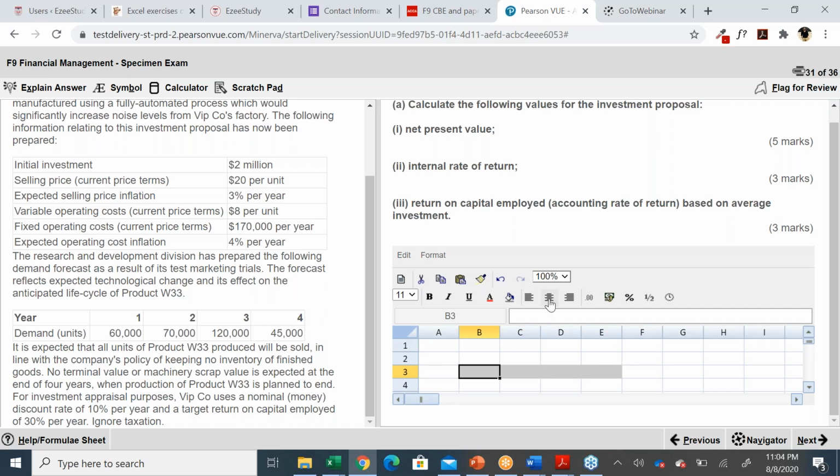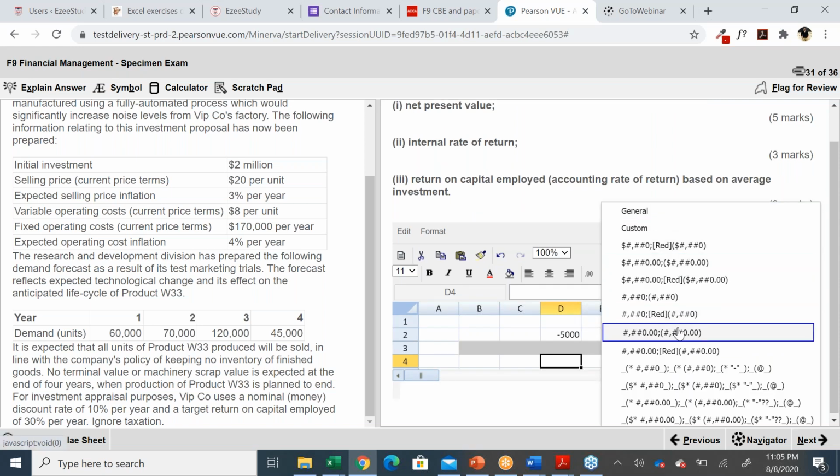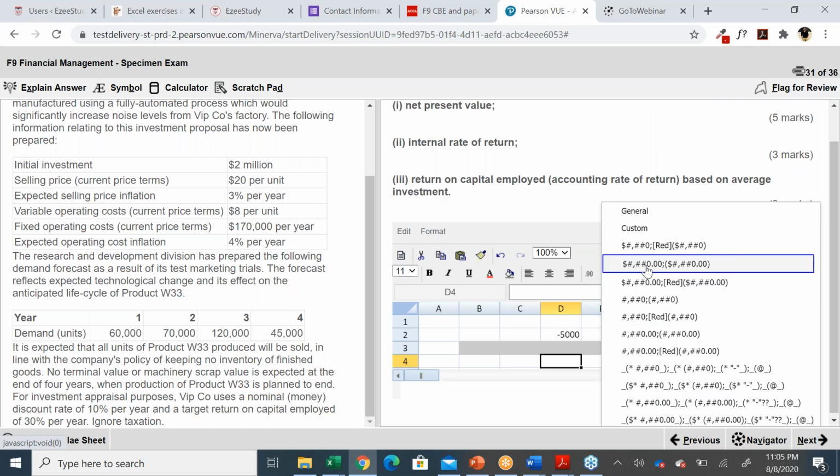Then you have alignment. If you want to align it to the center, you can use these tabs. If you want to write in decimal places, this is the one that you can use. If you want to convert it into accounting format, like for example minus 5,000, I've written it as minus 5,000, so I want to put brackets around this figure, so I just have to click on this and I get a list of the formats. So from here I can choose a format of my own choice. I'll just choose this one, because this is the one that I want.